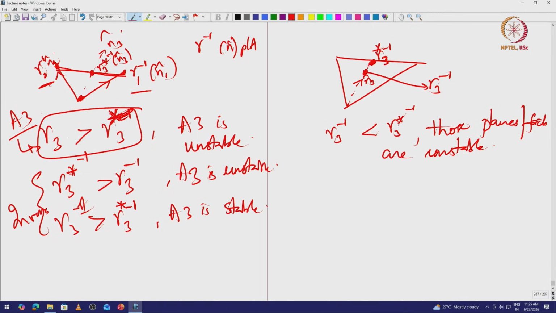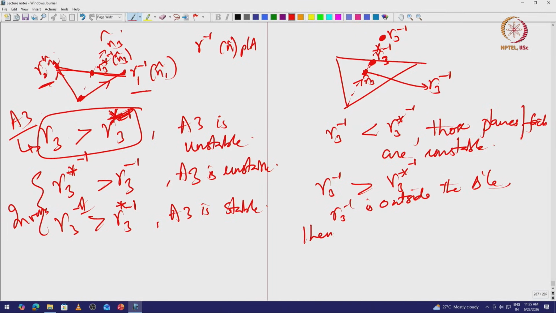Okay. So, if it is inside this line, it is unstable. If it is outside this line, however, if the gamma 3 inverse is outside the line, outside the triangle, then those facets are stable.